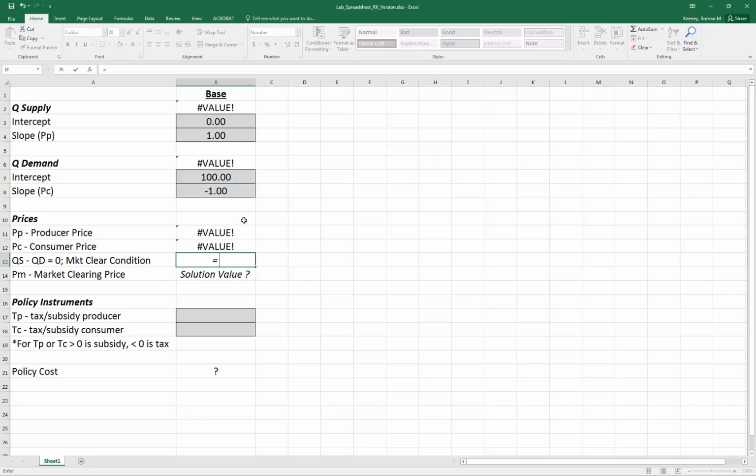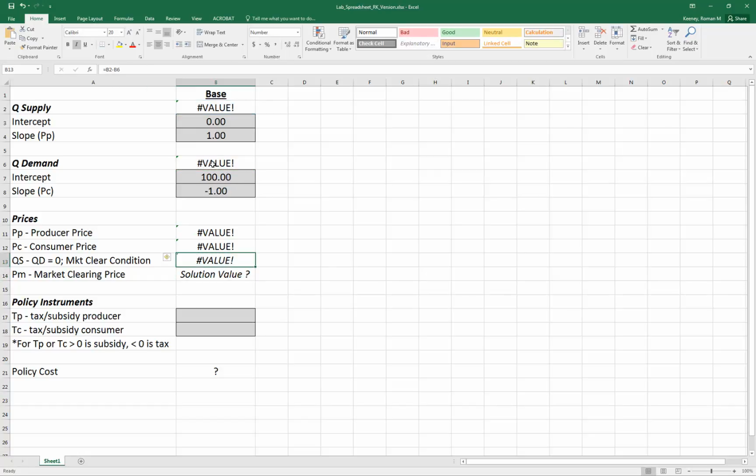We'll start with an equal sign, and then use the cell reference for QS, or quantity supplied, then give it a minus sign, and then give the cell reference B6 right there, for quantity demanded. Okay, now we have B2 minus B6.